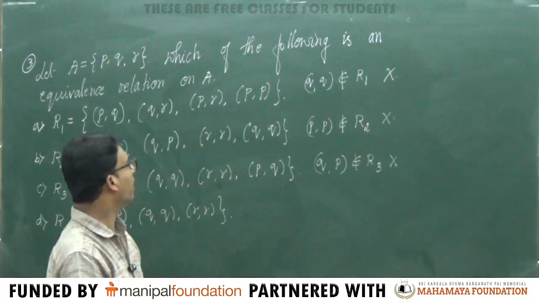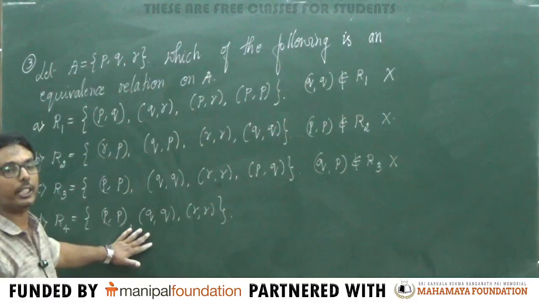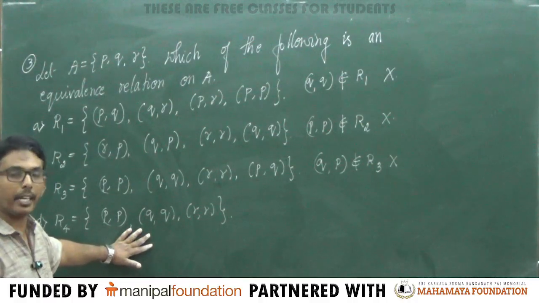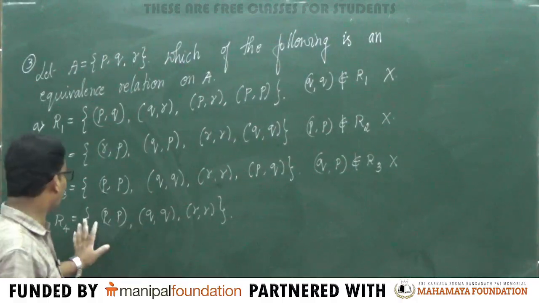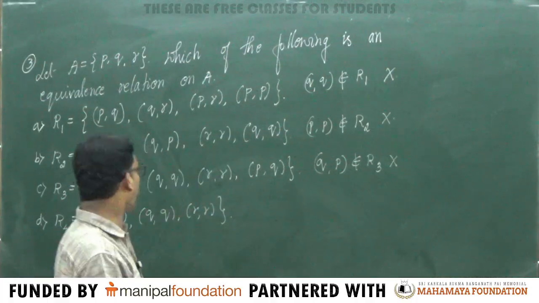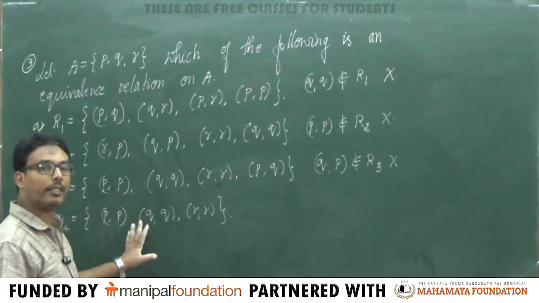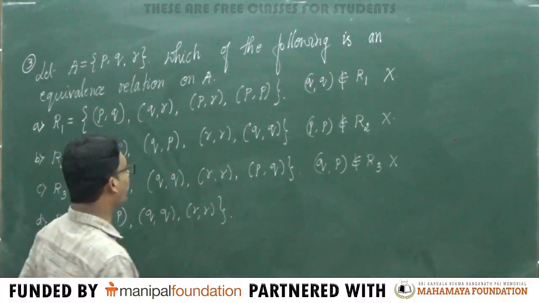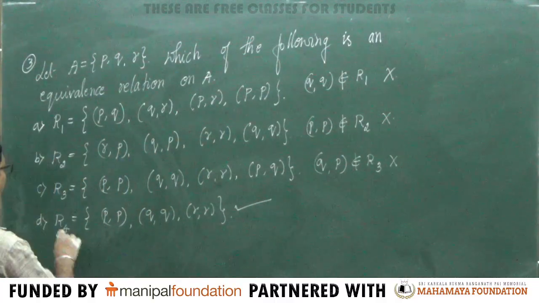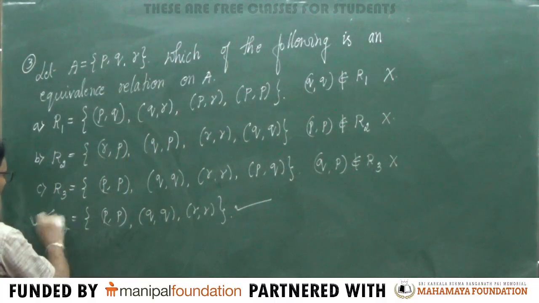Here, there are no elements of the form (A, B) and (B, C). Therefore, this relation is transitive by default. Therefore, this relation is reflexive, symmetric and transitive, so it is an equivalence relation. Therefore, the correct answer is R4.